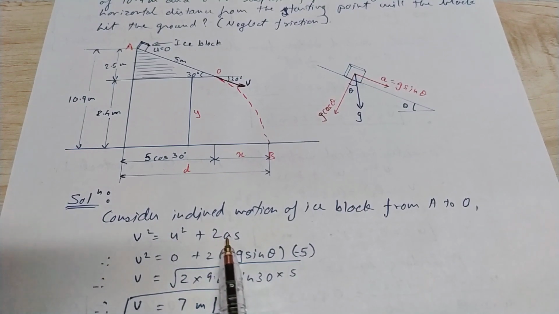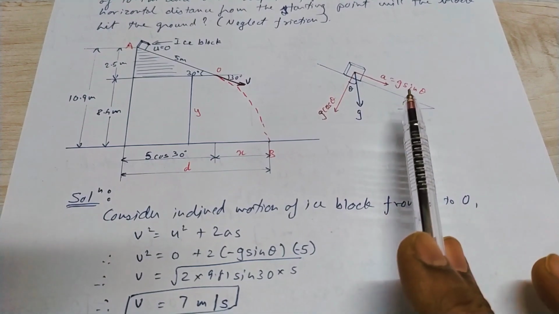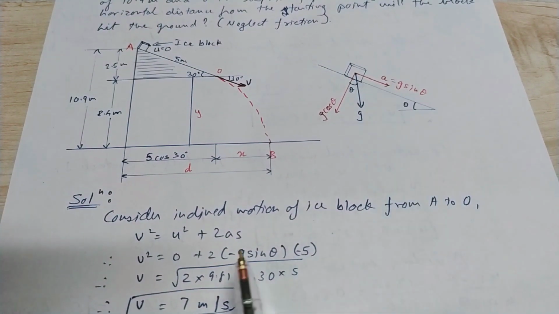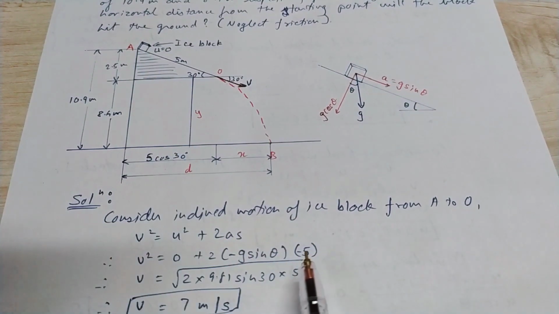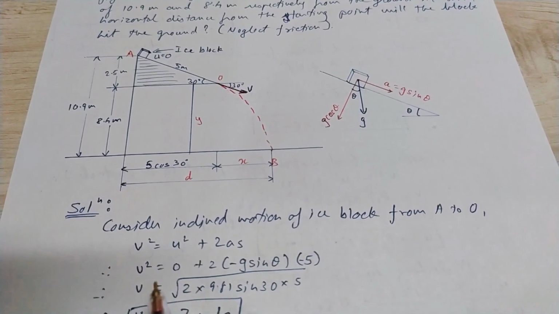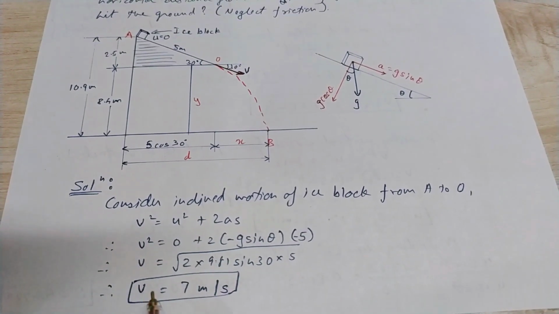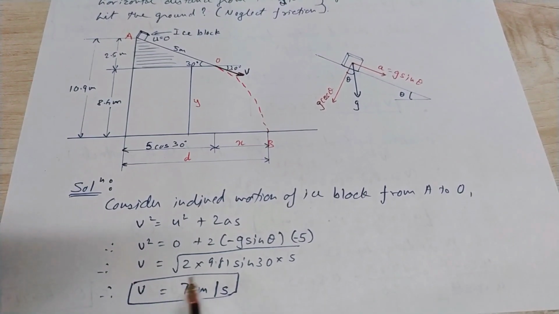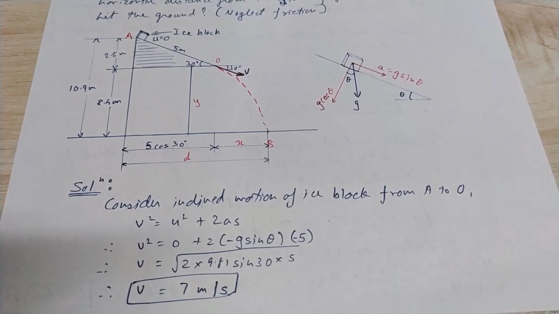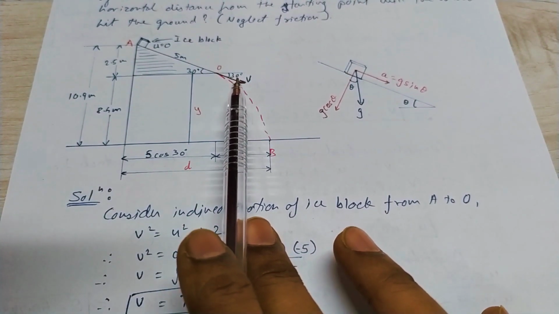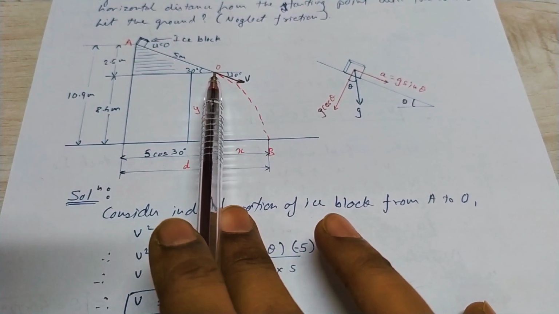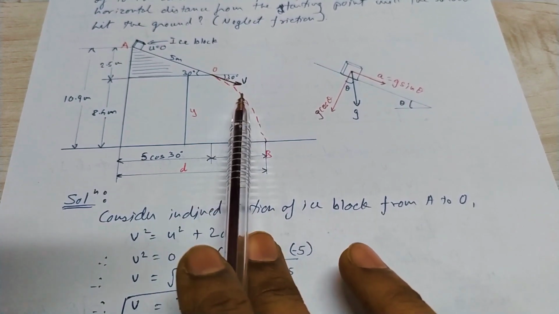The acceleration is due to gravity, acting downwards, so you have to use the value g sin theta, and it will be minus g sin theta because it is acting down. s is the displacement, and since it is going down, again it will be minus 5. This equation will give you the actual value of v, that is 7 meters per second. So over here you have got the value of v, the velocity just at the starting point of the projectile motion.